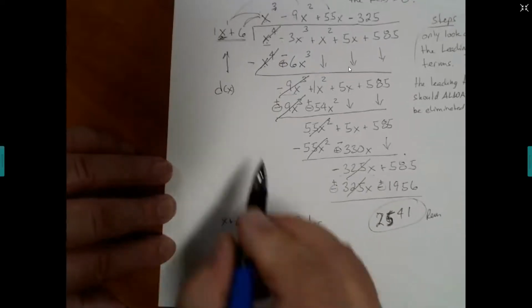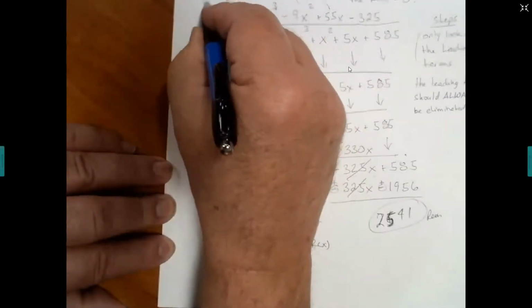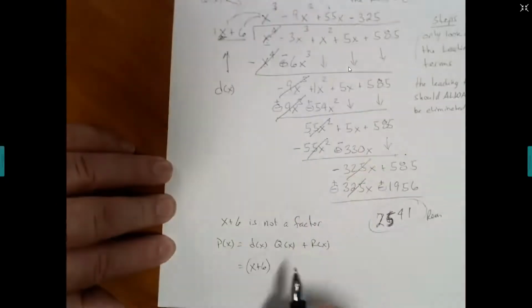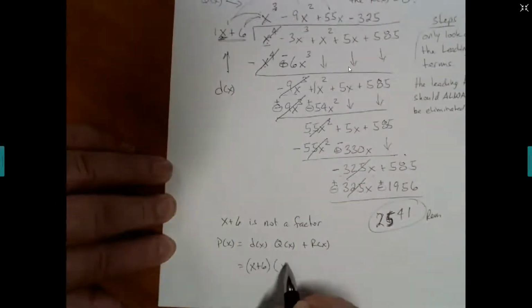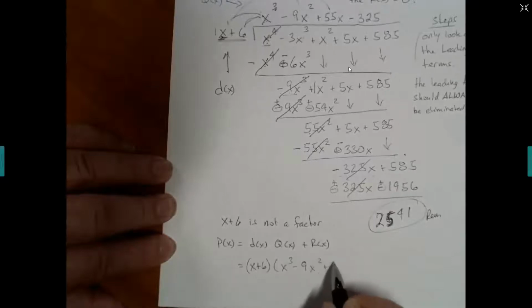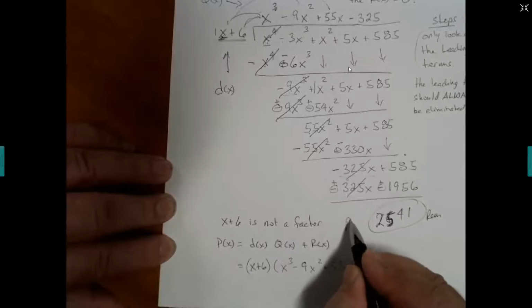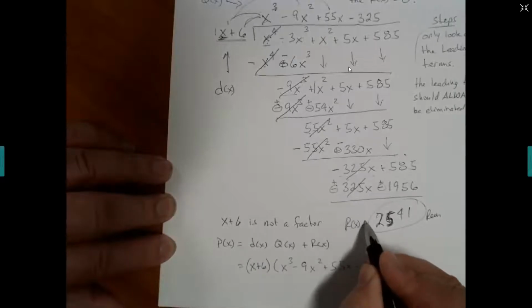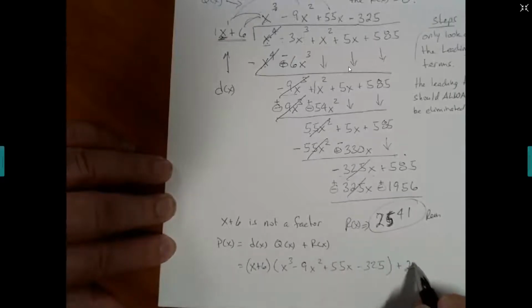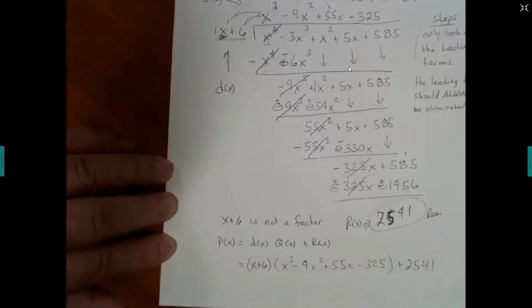The q of x is the top number, the quotient, x cubed minus 9x squared plus 55x minus 325, plus the remainder. That's how it breaks down.